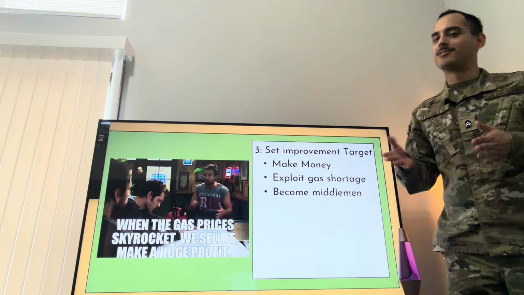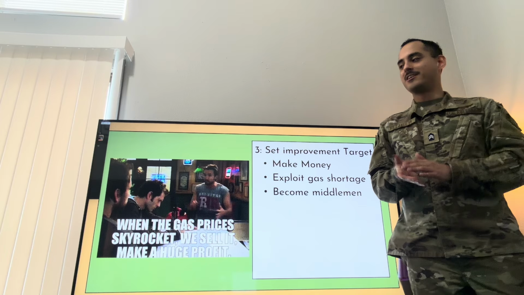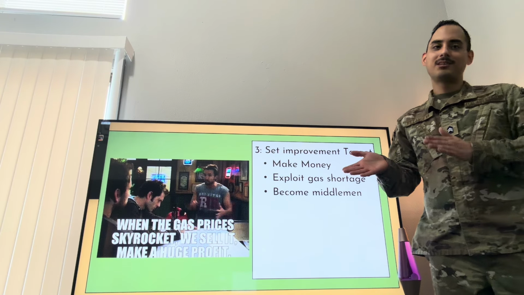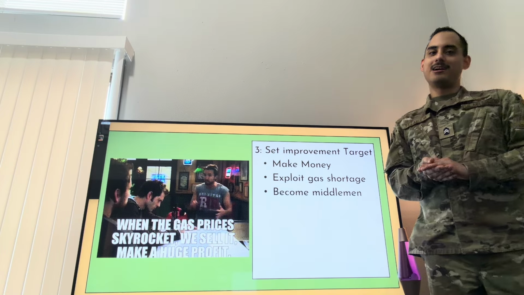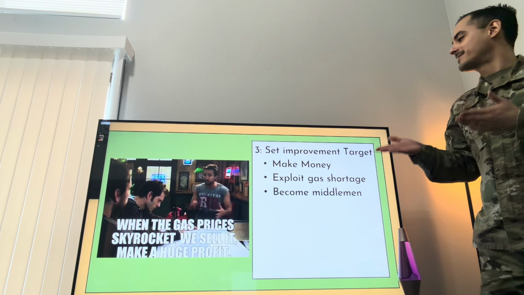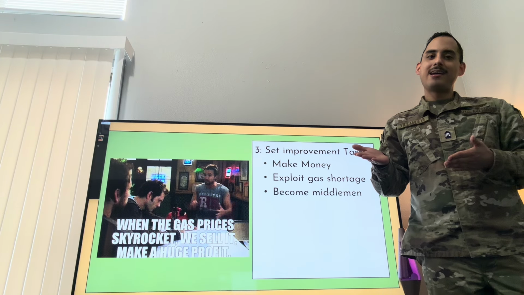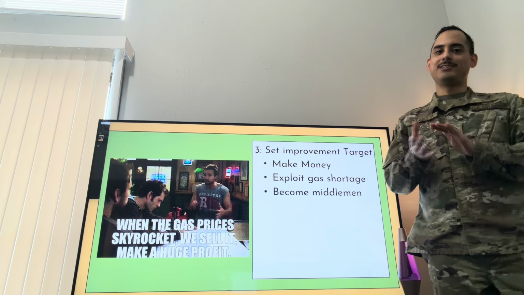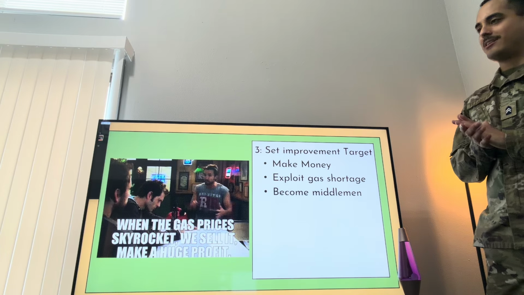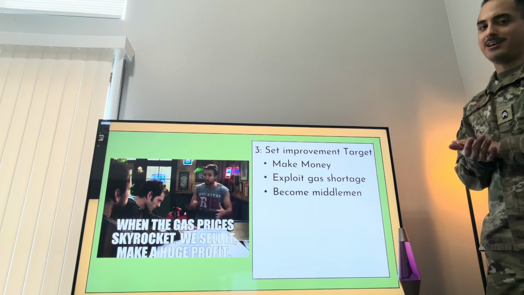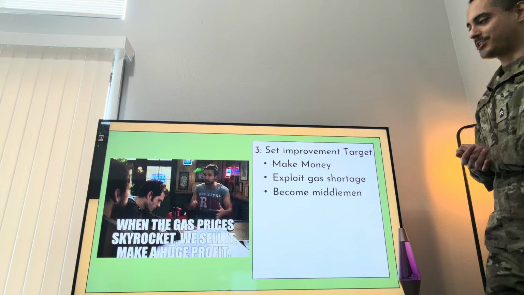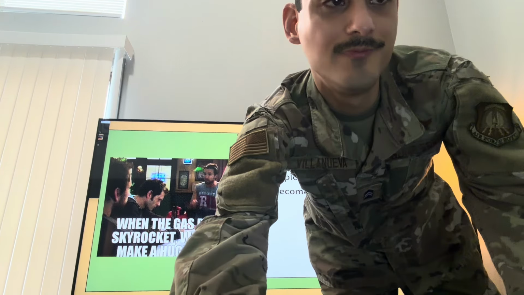And this falls under the orient phase of the OODA loop process cycle, in that they decide what success looks like, and that target for success is driven by greed and profit, rather than feasibility in achieving their goal.